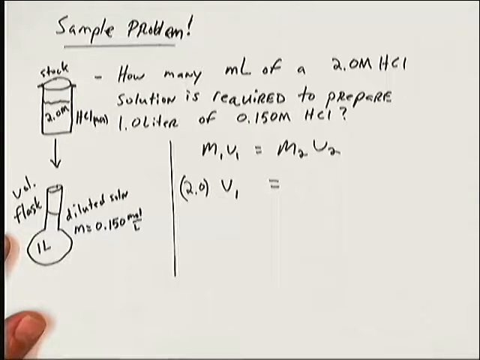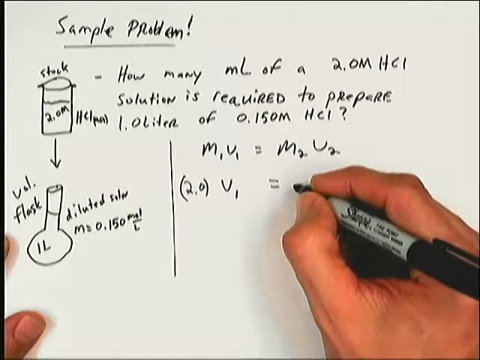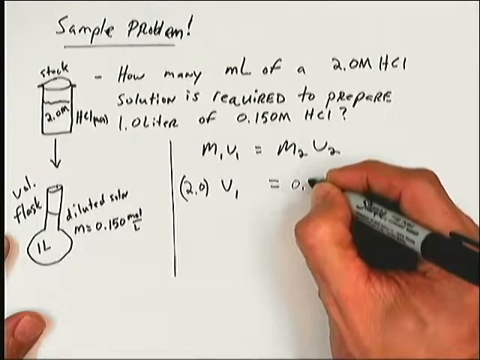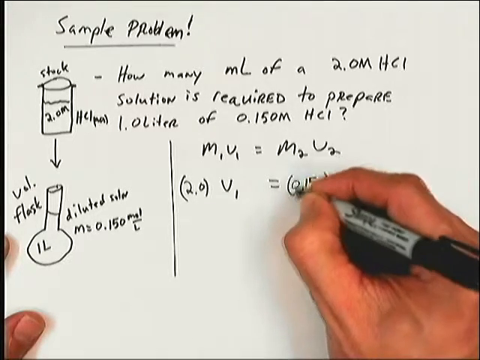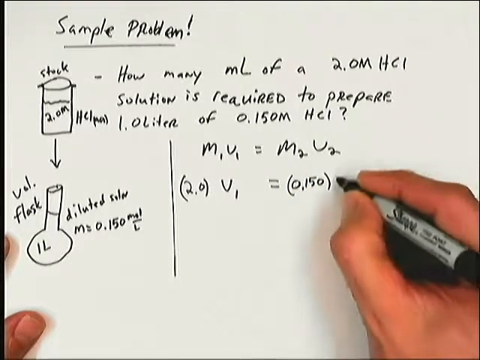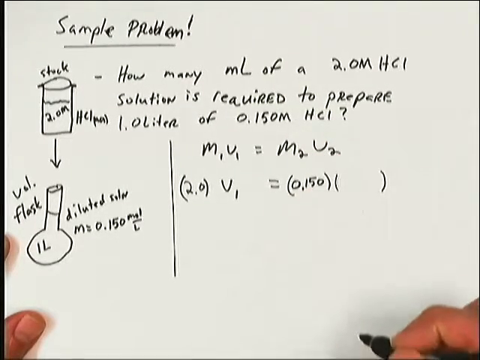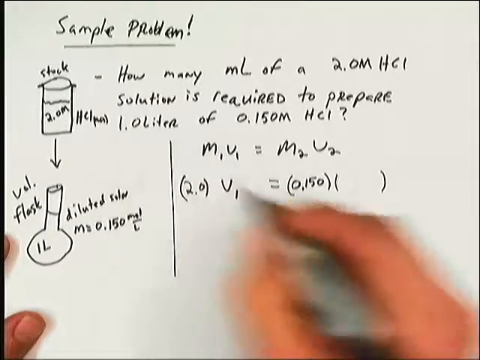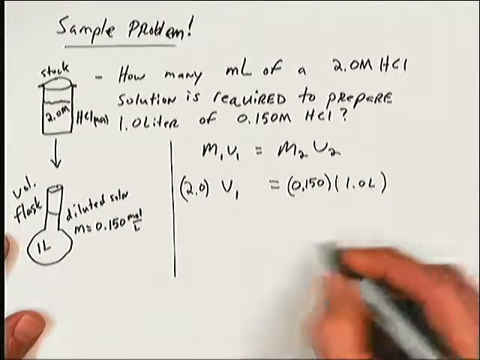I don't know what V1 is yet. That's going to be my unknown quantity. However, I know that I want to prepare a diluted solution, which is solution number 2, that is 0.15 moles per liter. And I want to have, when I'm all said and done, 1 liter of this.